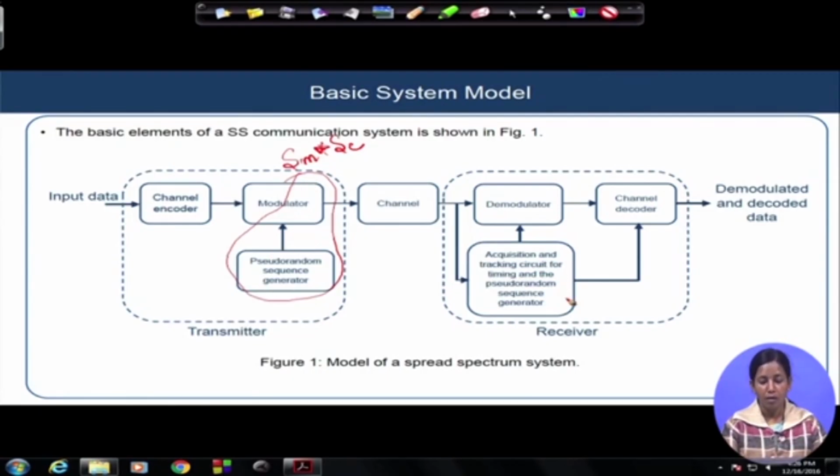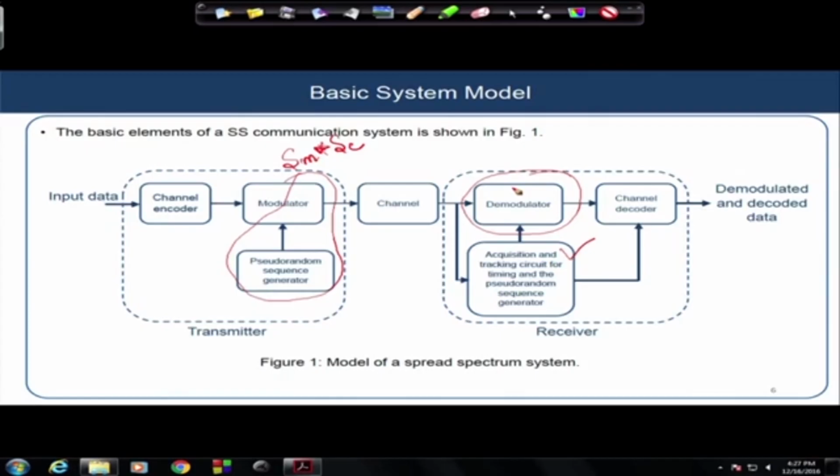In the receiver we have the acquisition and tracking circuit unit, and also an additional demodulation unit for spread spectrum communication, coming on top of the data demodulation in the conventional communication system.